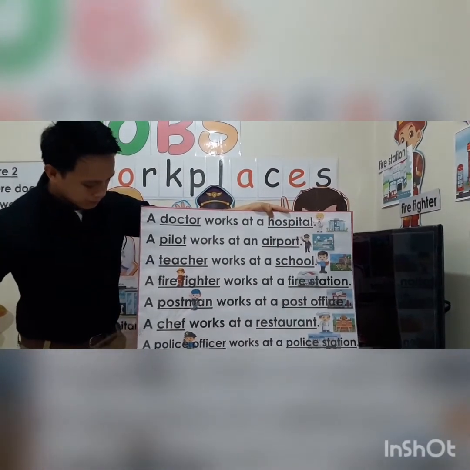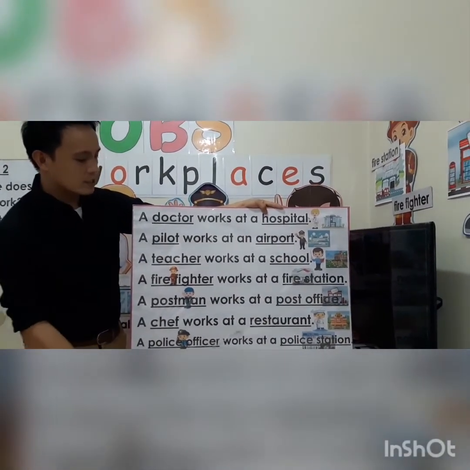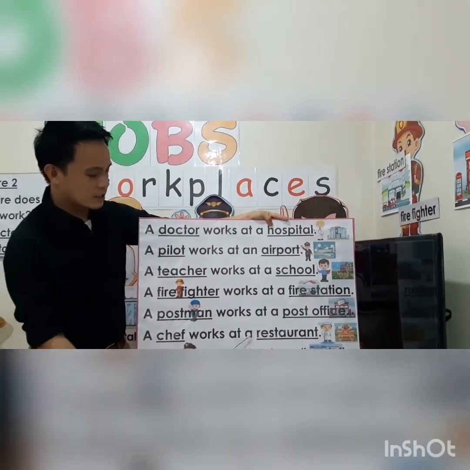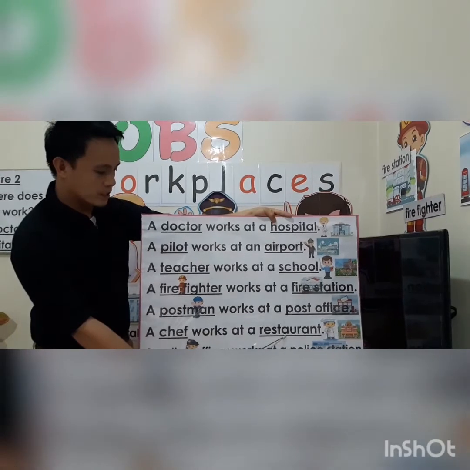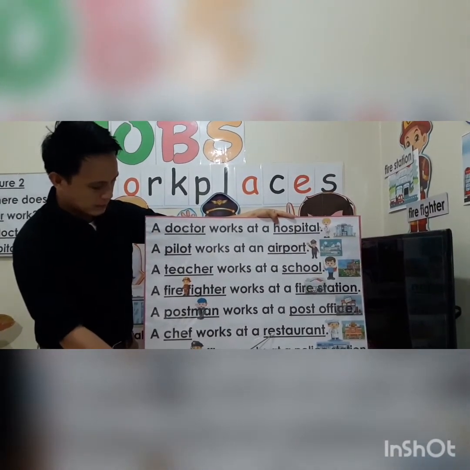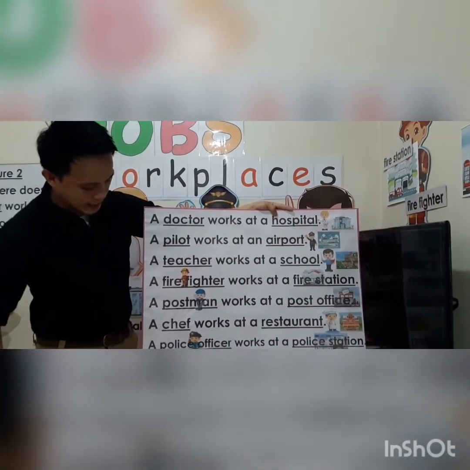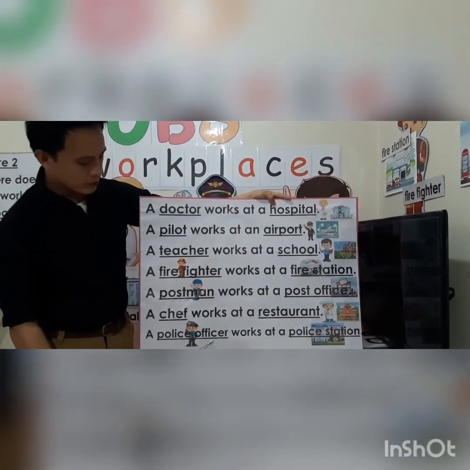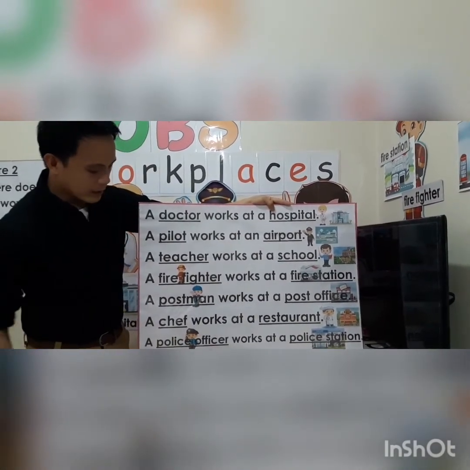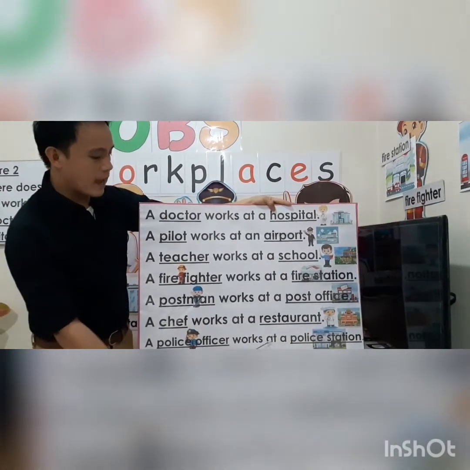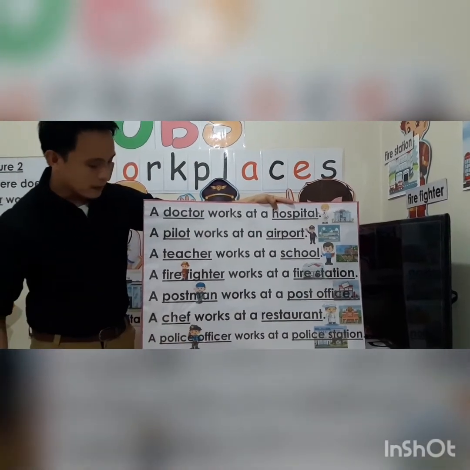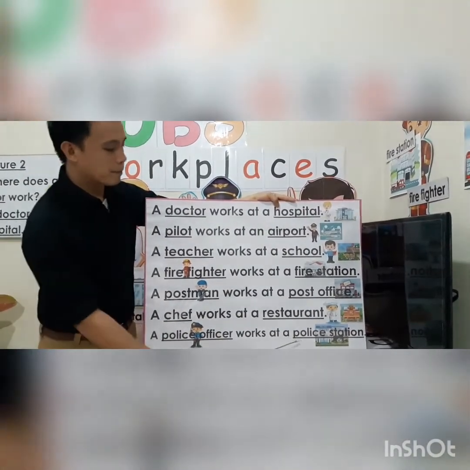Next one. A chef works at a restaurant. Repeat after me. Chef. Restaurant. Next one, the last sentence. A police officer works at a police station. Repeat after me. Police officer. Police station.